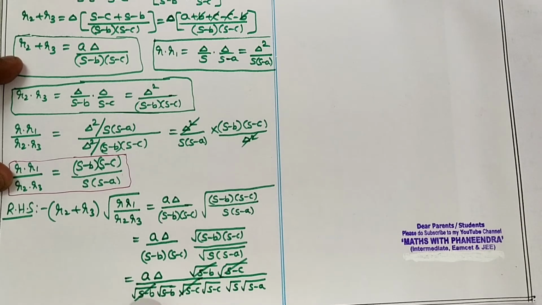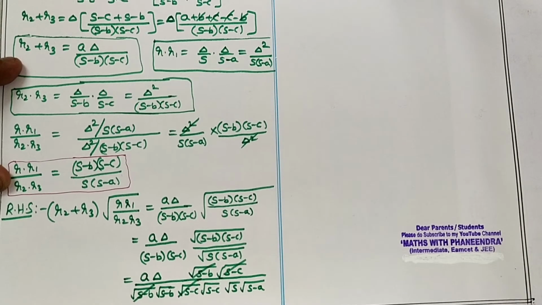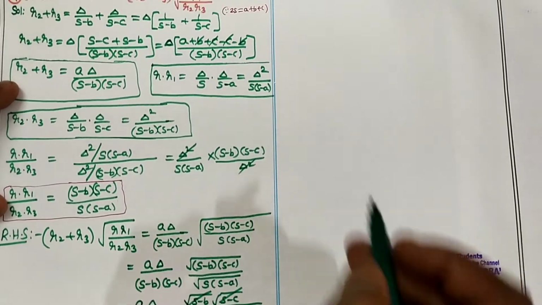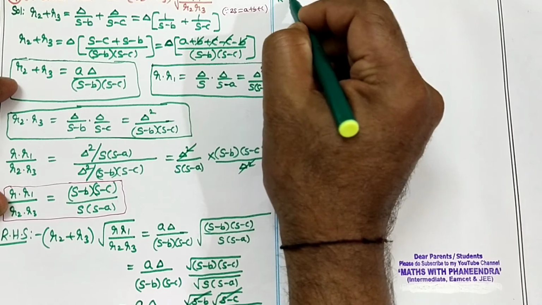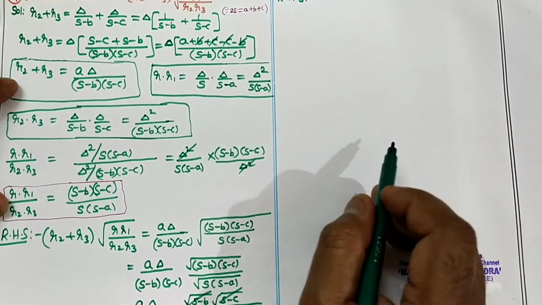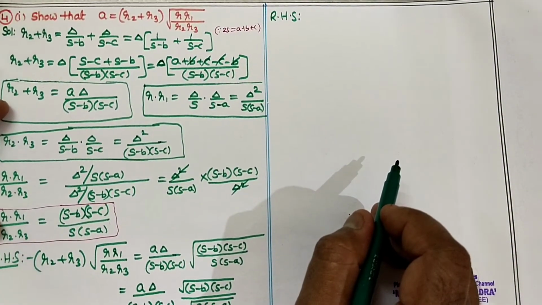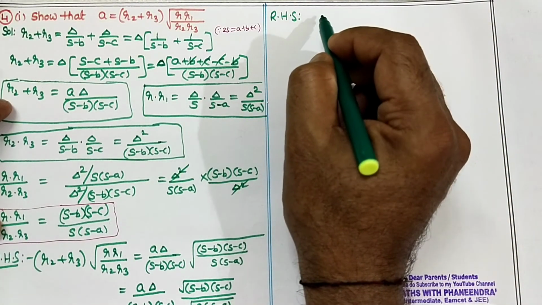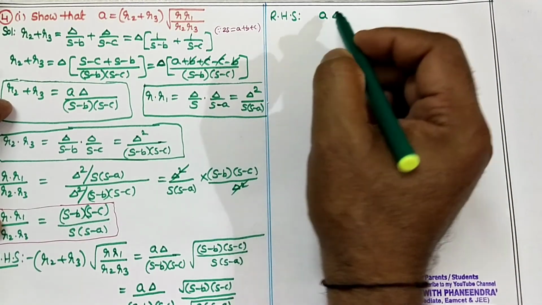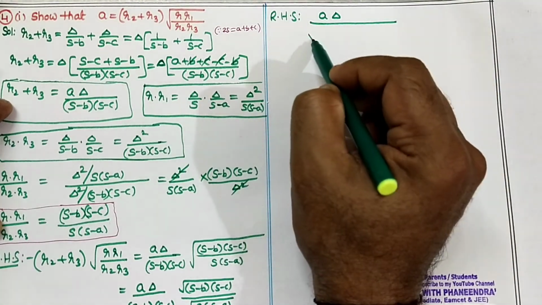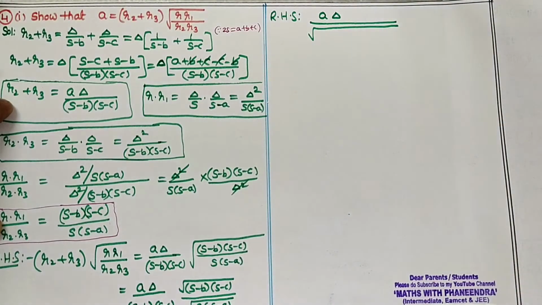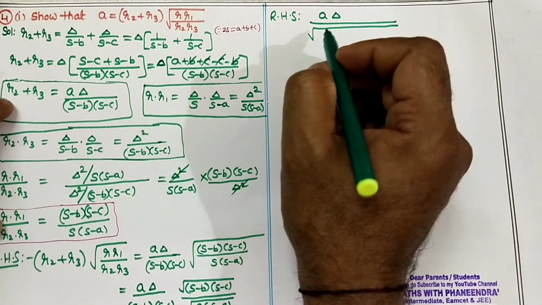So here root S minus B into root S minus C into root S into root S minus A, all we can write in terms of one term. So the RHS value is A into delta divided by root of S minus B into S minus C, is there, no?